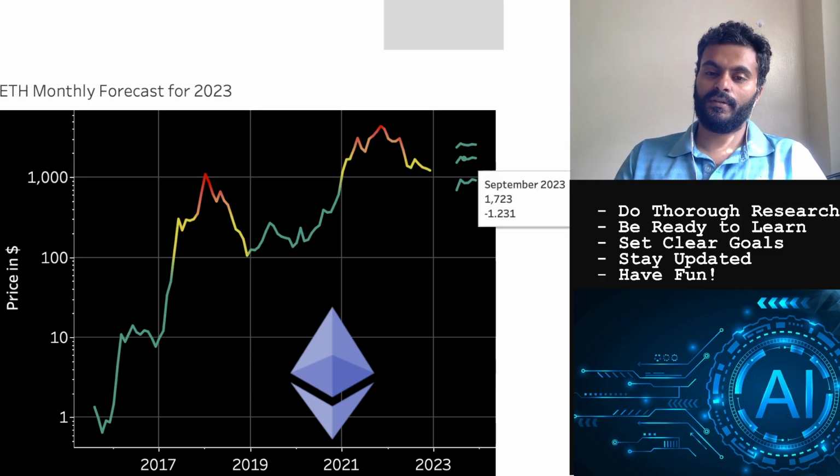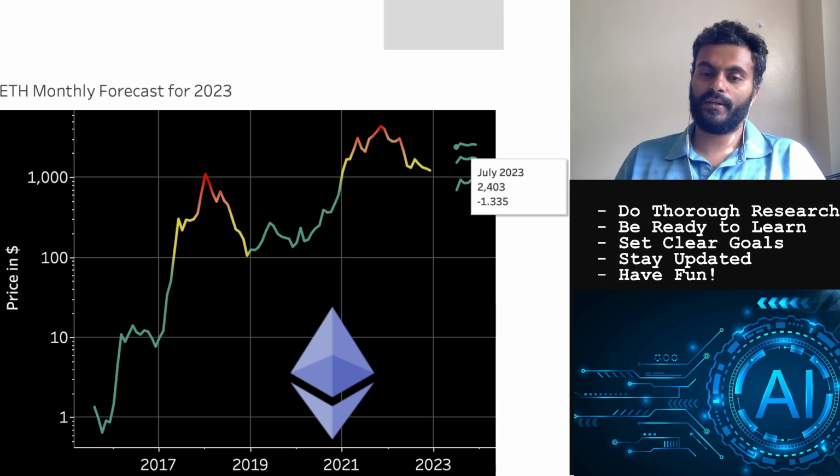Similarly, I would like to cover the bull case scenario. If we have a substantial rally in July, this could be a theoretical ceiling at which the rally might get sold off, and that ceiling for July is 2,400 US dollars.